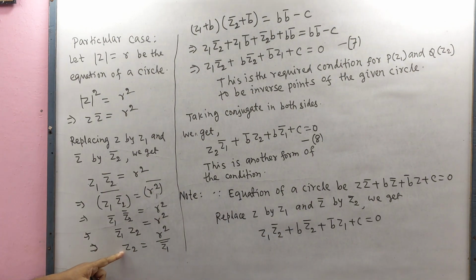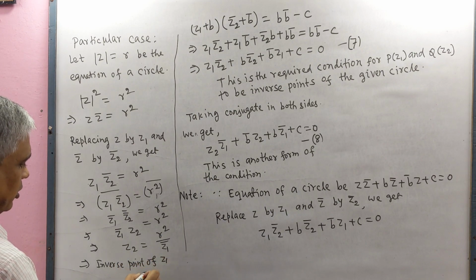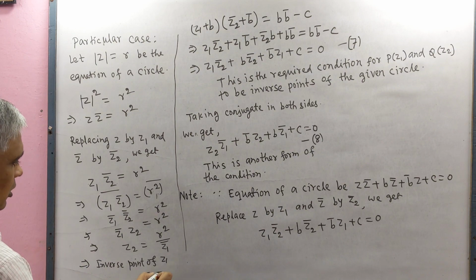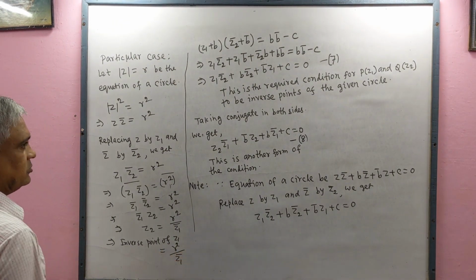Z2 is the inverse of Z1, implies that the inverse point of Z1 equal to R square by Z1 bar.